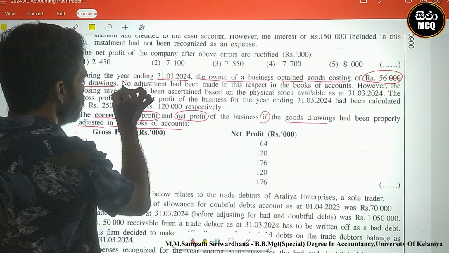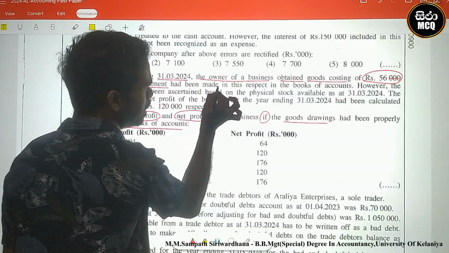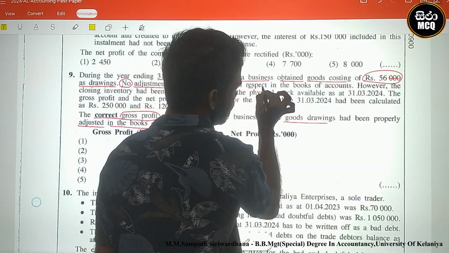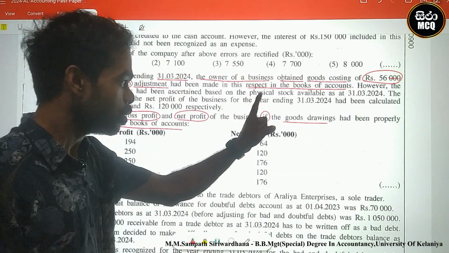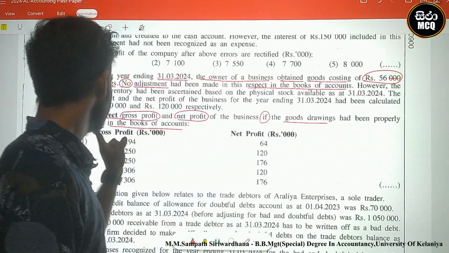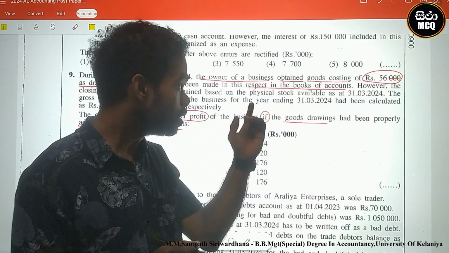No adjustment had been made in this respect in the books of accounts. They request us to adjust the goods drawings properly. We must adjust goods drawings.